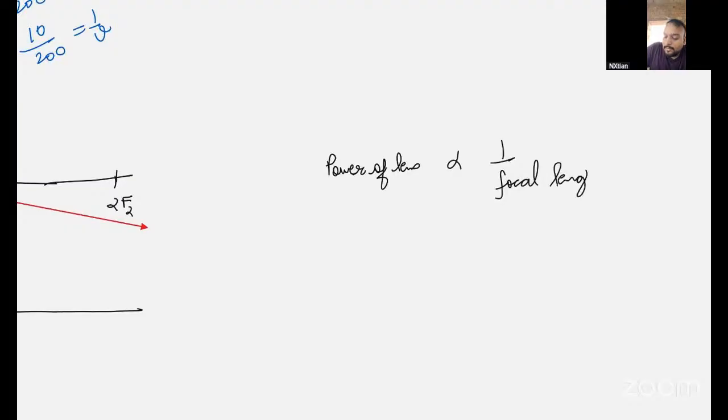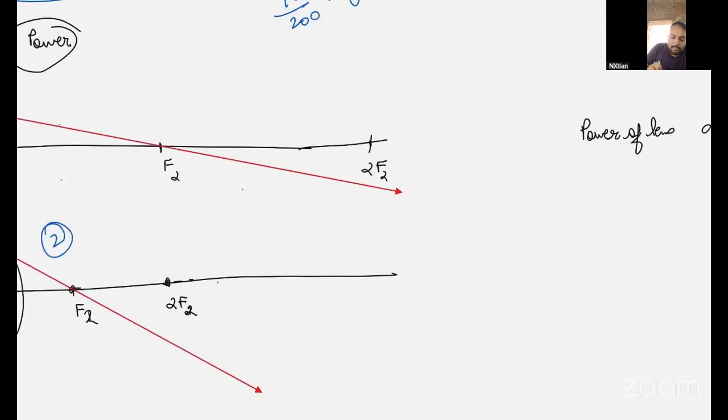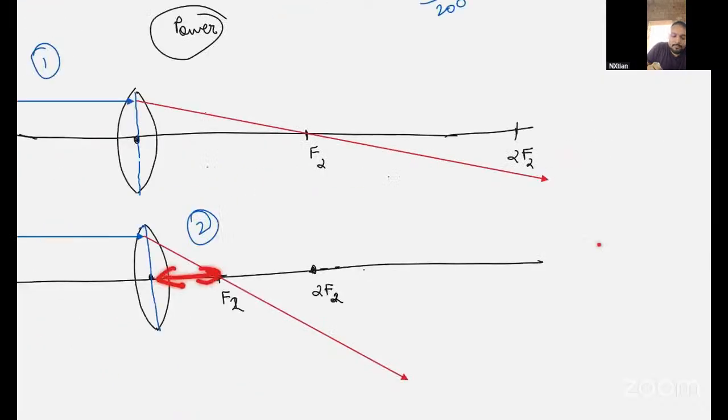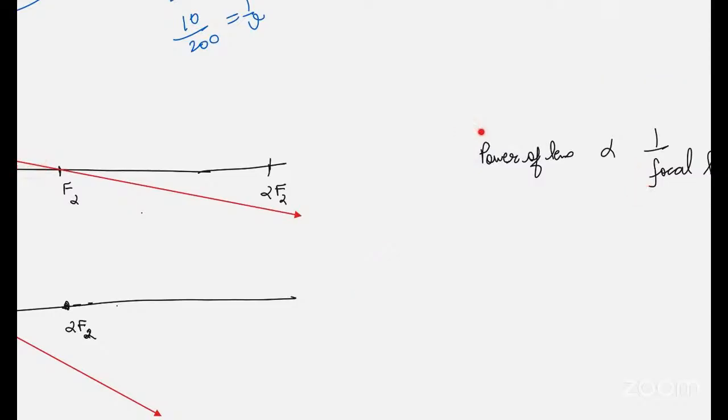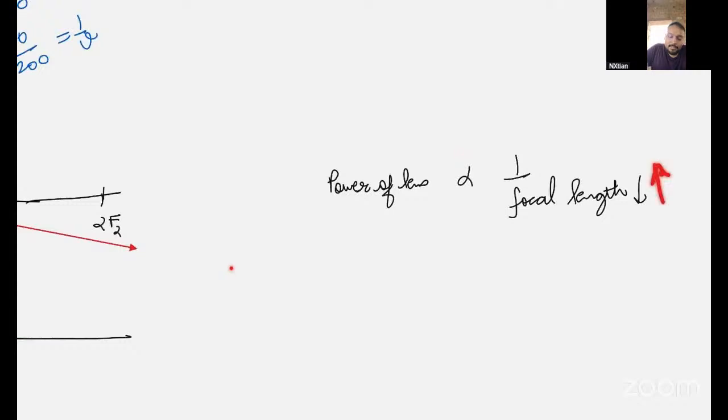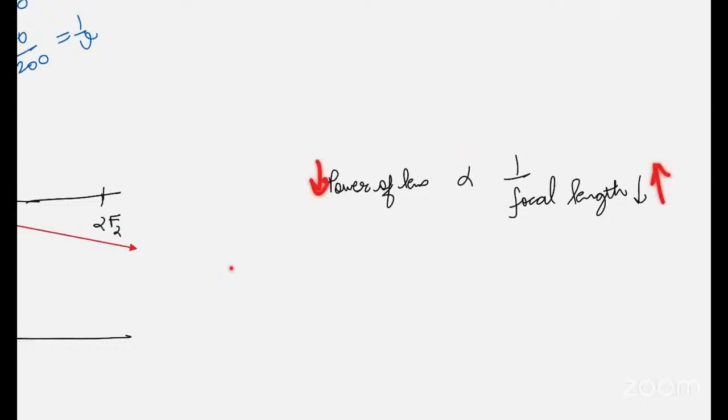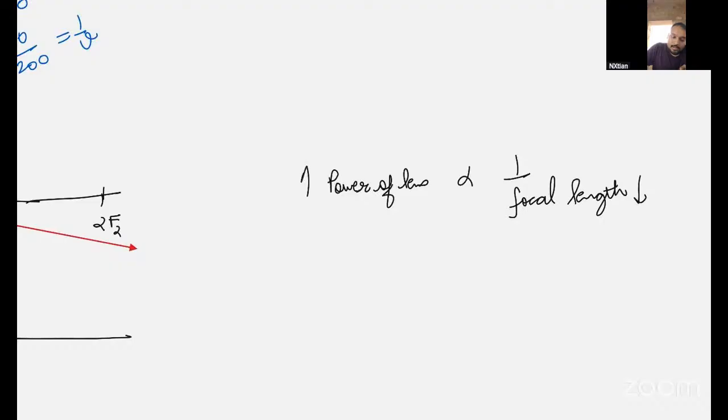If I have less focal length, the power will be more. And if I have more focal length, then power will be less. Did you understand?